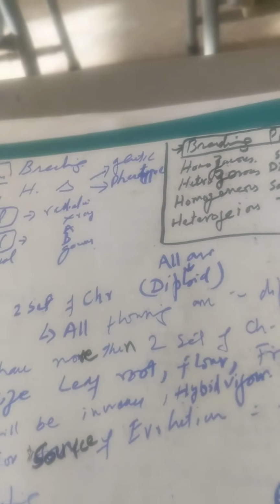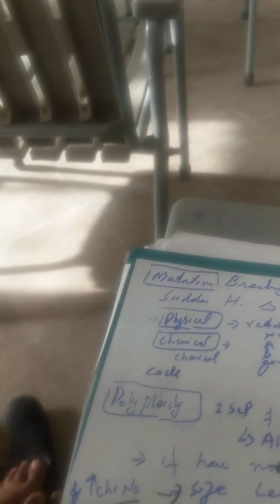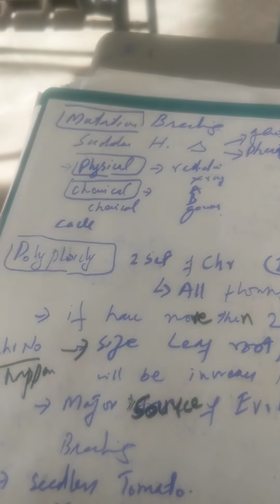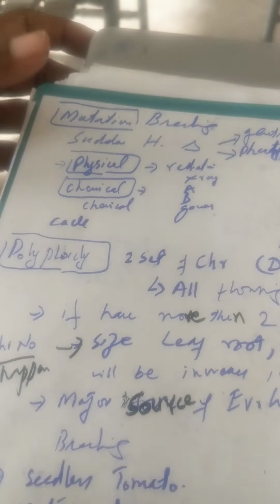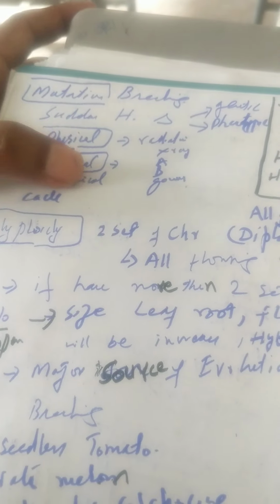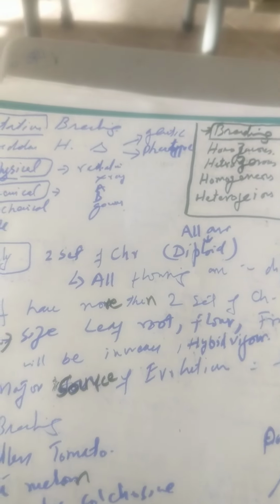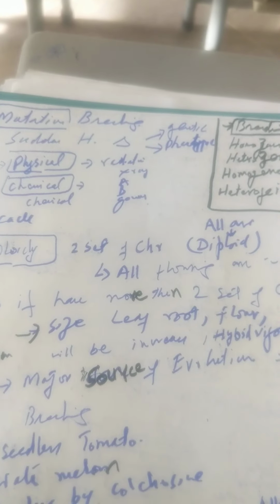Then next is polyploidy. As we know, 2 sets of chromosomes are found, meaning all flowering plants are diploid in nature. So if they have more than 2 sets of chromosomes, it is called polyploidy.